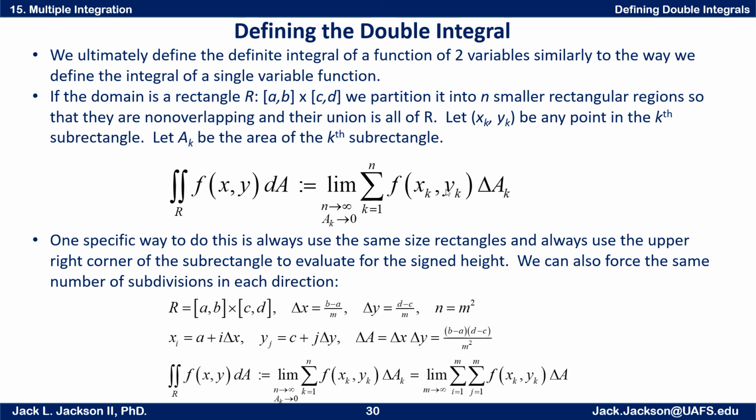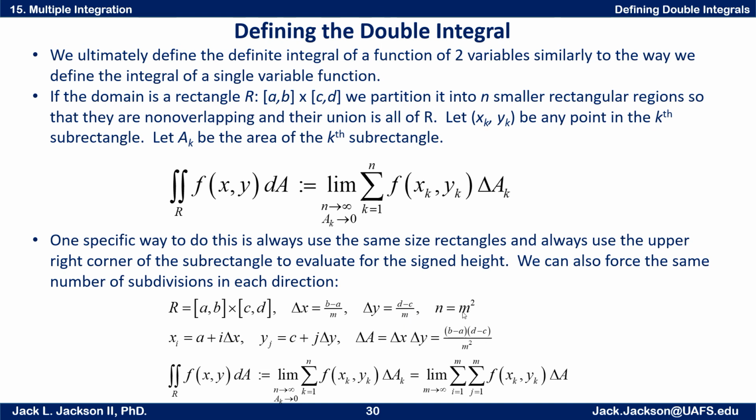If we wanted to do something similar to the definition I showed you before where we always use a right Riemann sum, we could use the upper right Riemann sum here. This way. So your region, or your domain that you're integrating over, is a rectangle from A to B on X and from C to D on Y. You let delta X be (B minus A) over M, delta Y be (D minus C) over M, so we're dividing them into M groups either way.